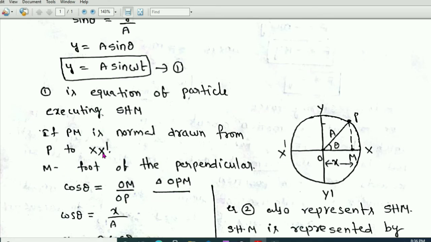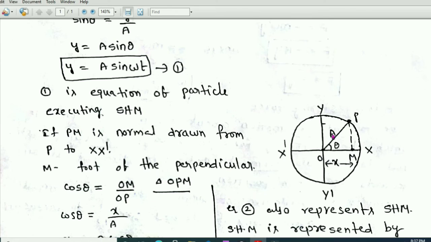PM is the normal drawn from P to x dash, and M is the foot of the perpendicular, the foot of the normal.